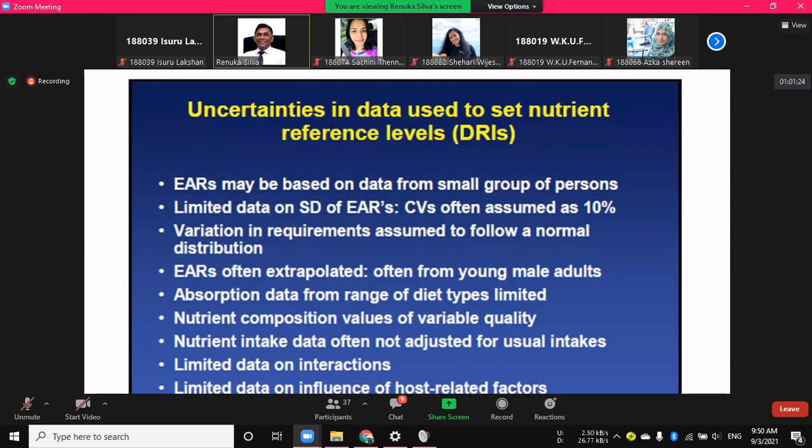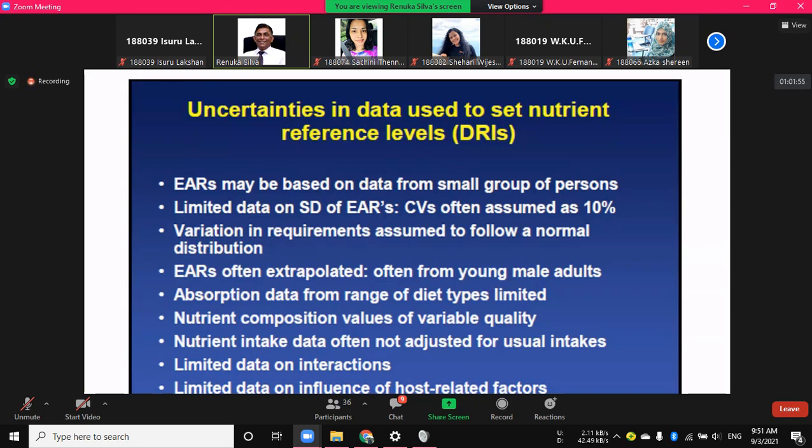Different people have different requirements, and we assume that there is a normal distribution, but normal distribution is not always valid for all nutrients. In other words, all nutrients do not have the normal distribution curve that I have mentioned. Some are skewed distributions.